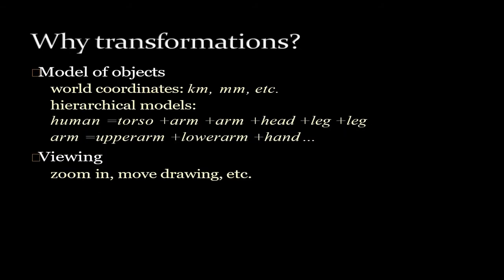Now, why are transformations required? I just discussed this in the previous slide: there are going to be separate coordinates. One is the world coordinate, one is the window coordinate, and one is the viewing coordinate. That's why the transformation among them is required. In the previous example we saw an object like this, but it is not always going to be like this.